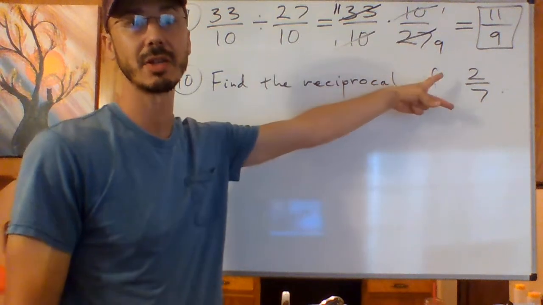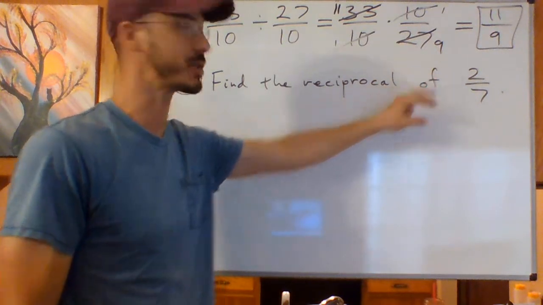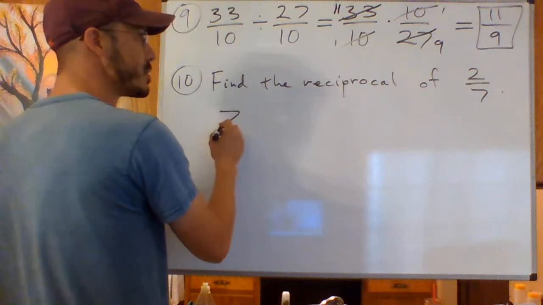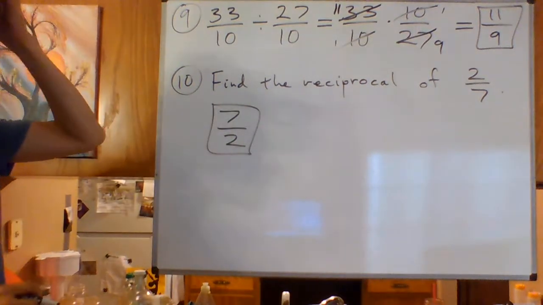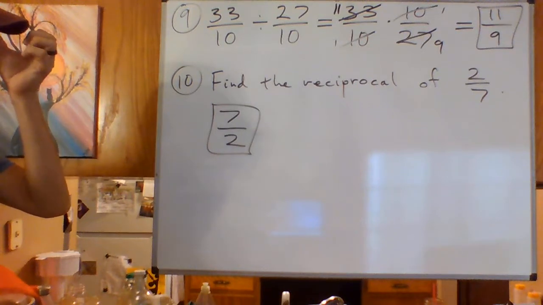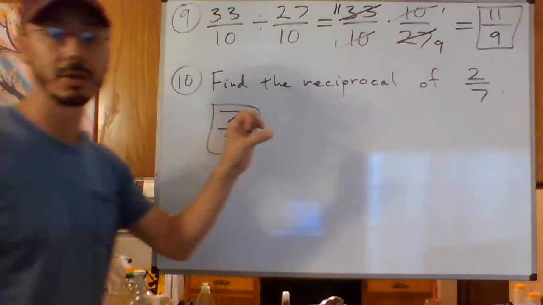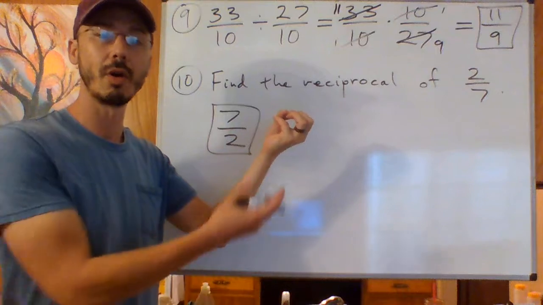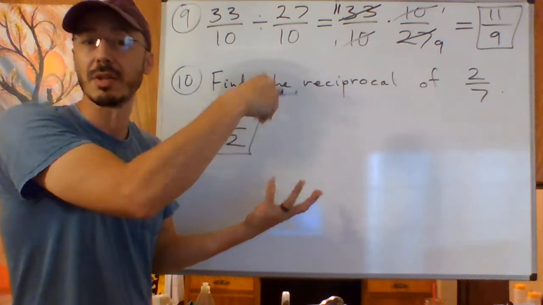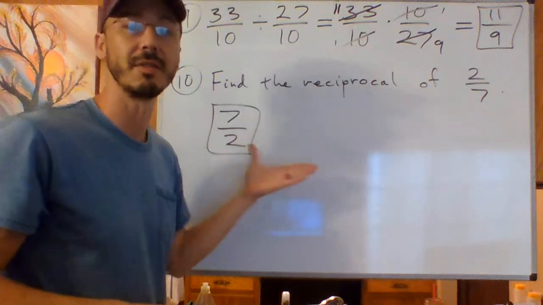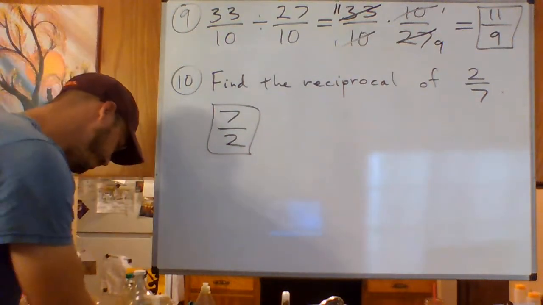The reciprocal of a fraction is what we get when we flip the fraction. The reciprocal of 2/7 is 7/2, 7 over 2. The reciprocal of a whole number, you can think of that whole number over 1 and do just 1 over that number is the reciprocal. But in this case, it's the flip of the fraction.